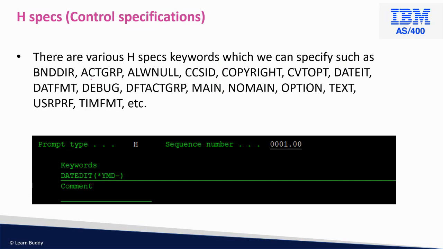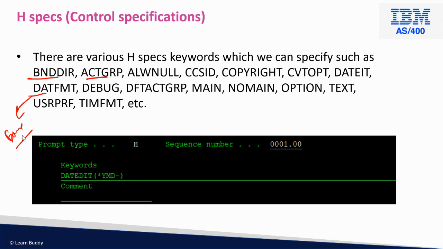Okay, here you can see that you can mention the activation group, the binding directory, and the date format, as we just discussed in the example. Whenever you perform a date modification and you want to ensure that the modified date is in ISO format in my entire program, I can change this date format in any one line of my program, but I want to control it so it is in *ISO format.